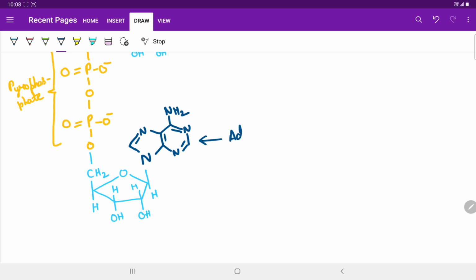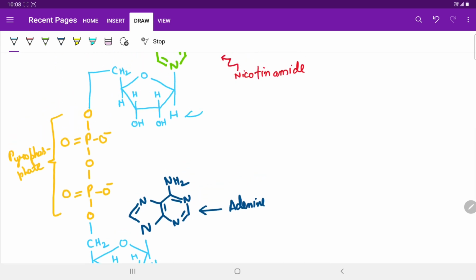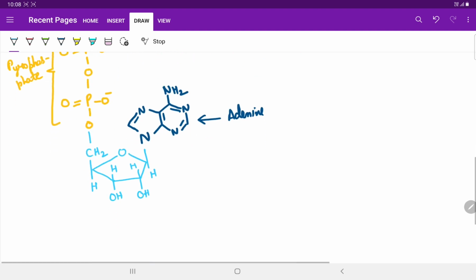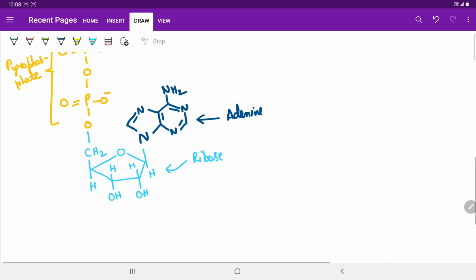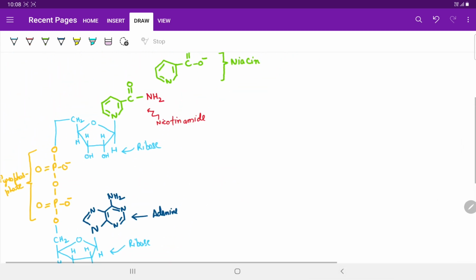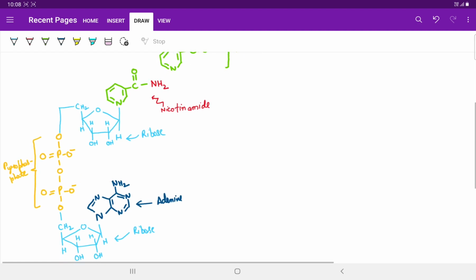So this is an adenine molecule, and this is the ribose sugar here, and another ribose sugar is here. Students, now you can see this is the complete structure of one molecule of NAD.